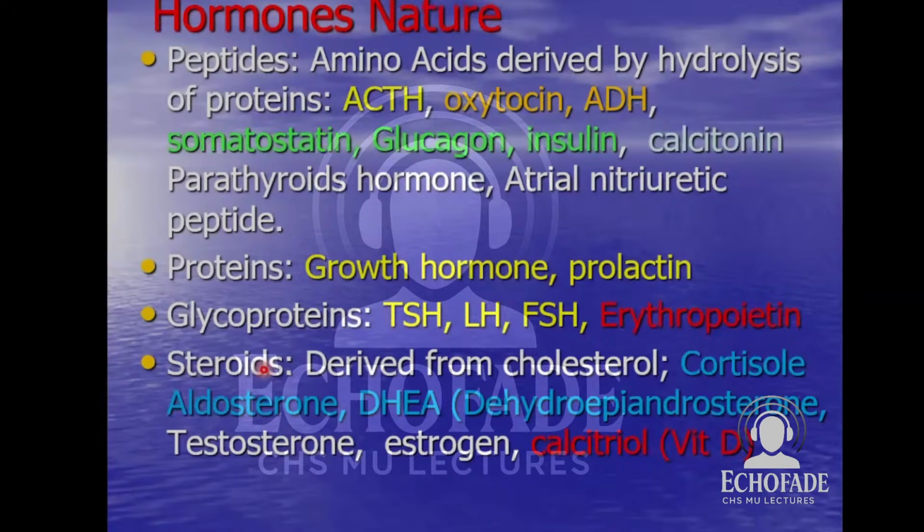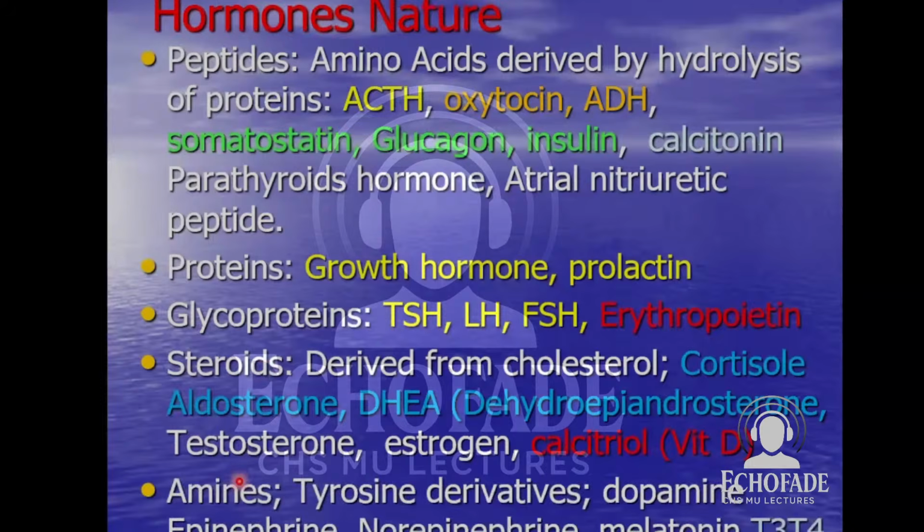The other ones are amines, those derived from tyrosine: dopamine, epinephrine, and norepinephrine. Epinephrine is produced by the adrenal medulla, melatonin by the pineal gland, and T3 and T4, thyroxine, by the thyroid gland.